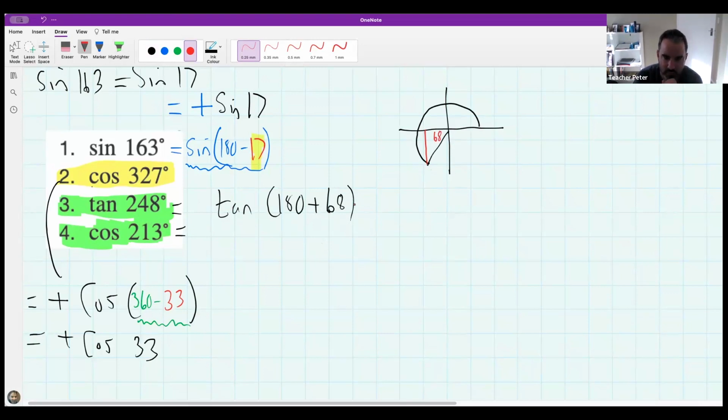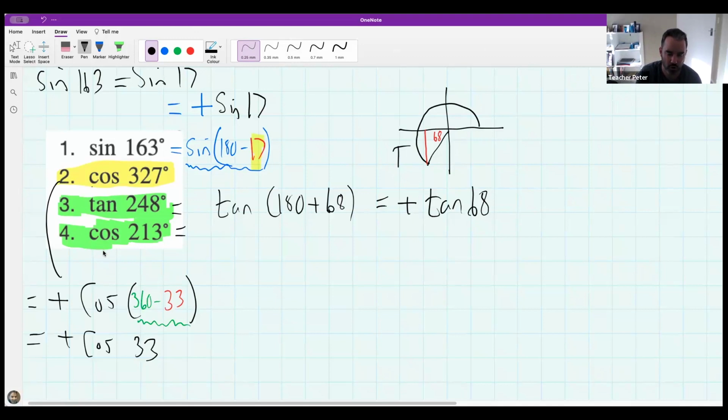Does that give me? Yeah, okay. But now I still have to reduce this. In this quadrant, tan is positive, and so I would write this is the same as the tan of 68. So that's a much smaller angle, and yet it's the same value. See if you can do the next one.